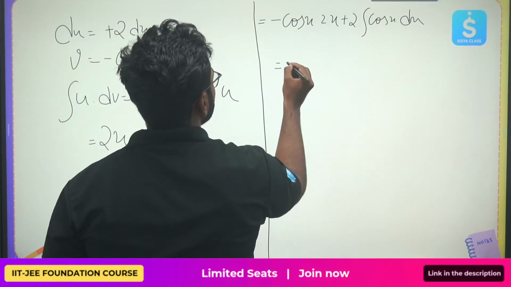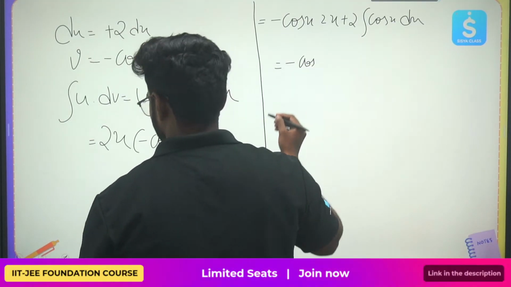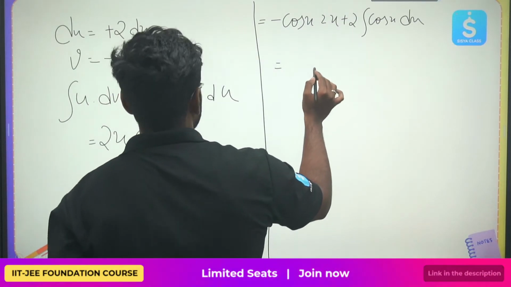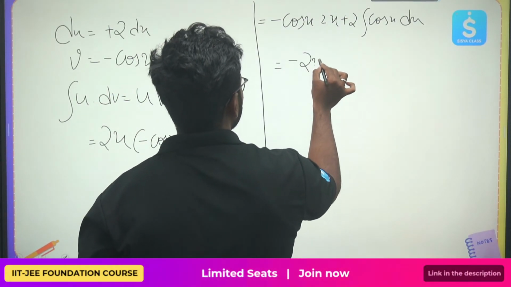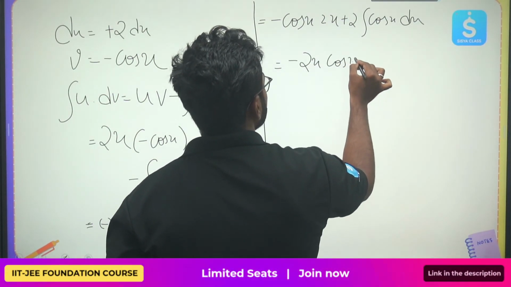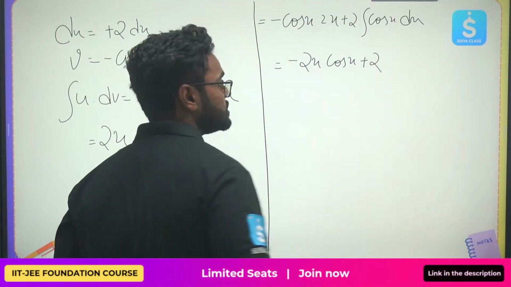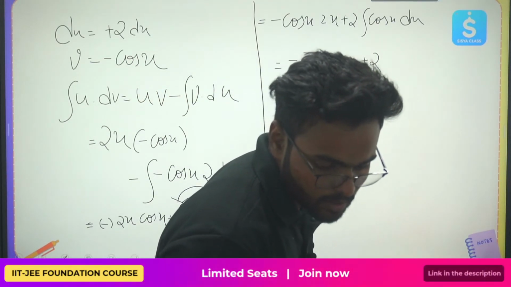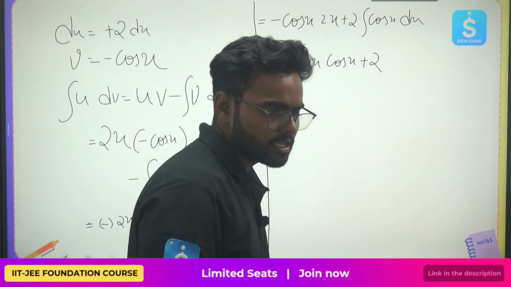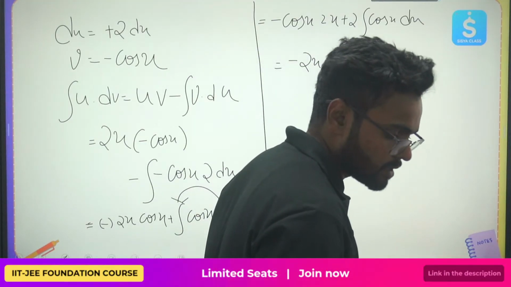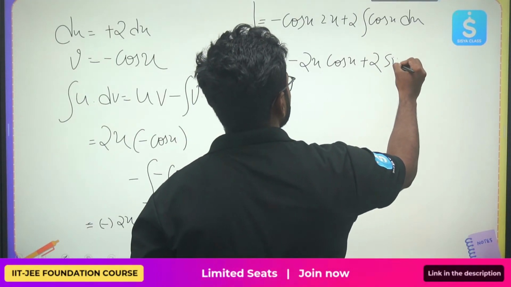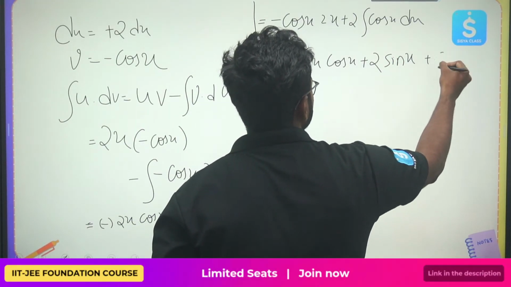That would be minus 2x cos x plus 2 into integral of cos x, which gives plus 2 sin x plus c.